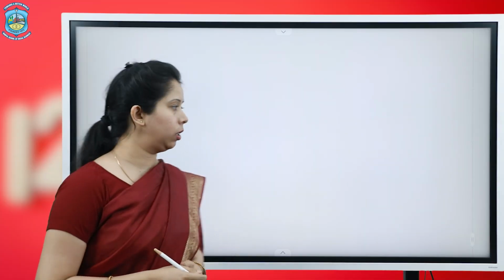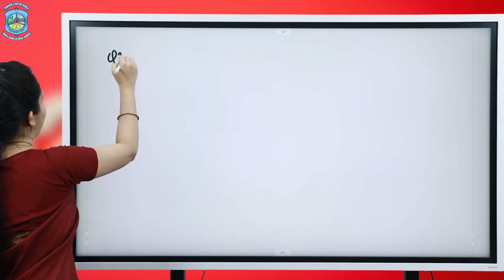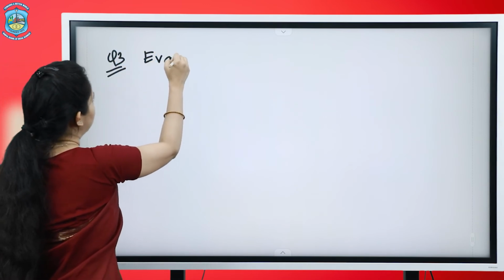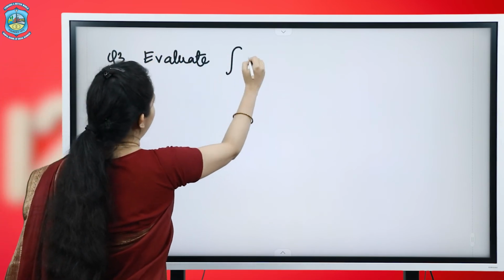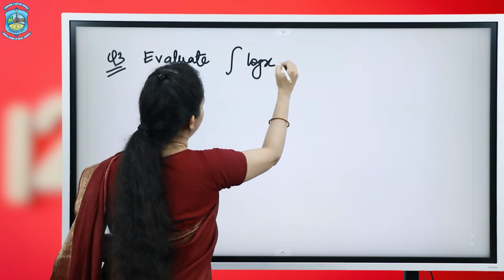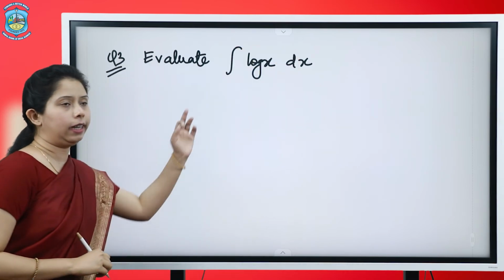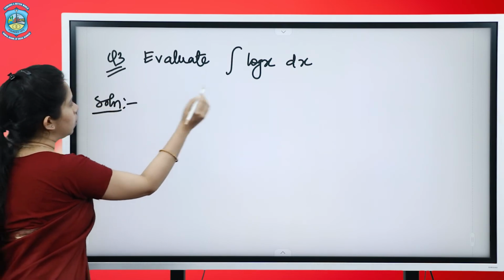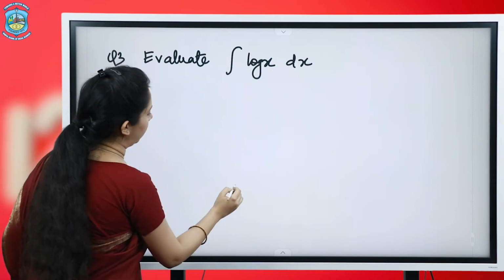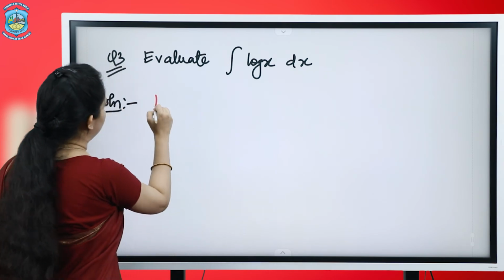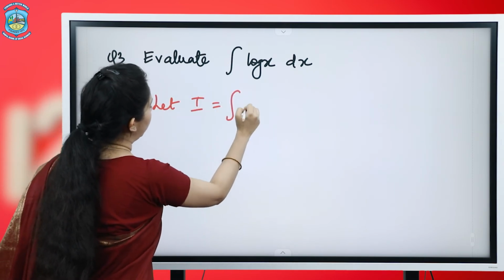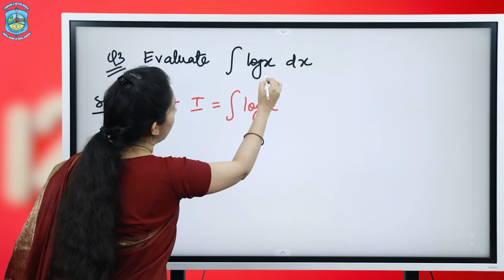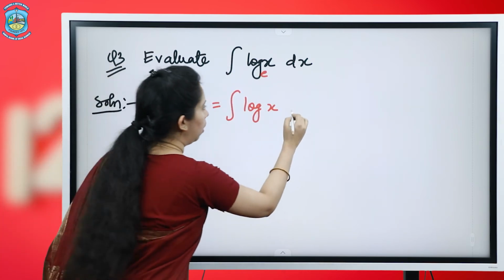Now the third question in this series is you have to evaluate the integration of natural log x dx, integral log x dx. We will assume this integral as I. So let I is equal to integral log x dx, and here we are dealing with common log x.